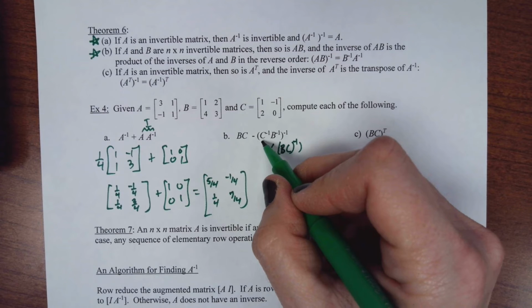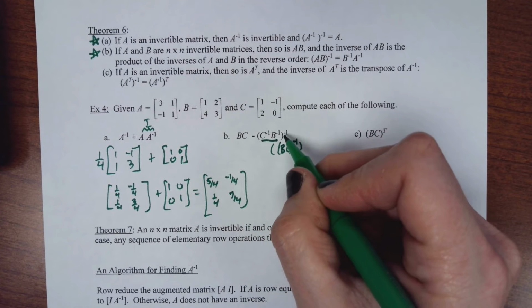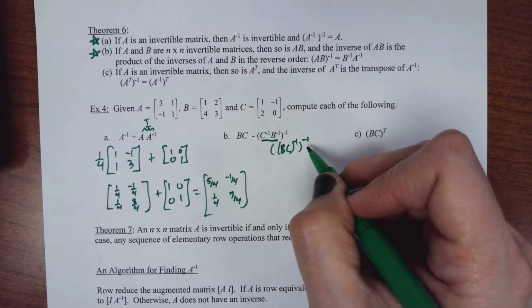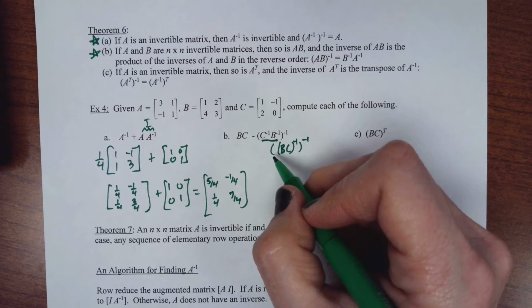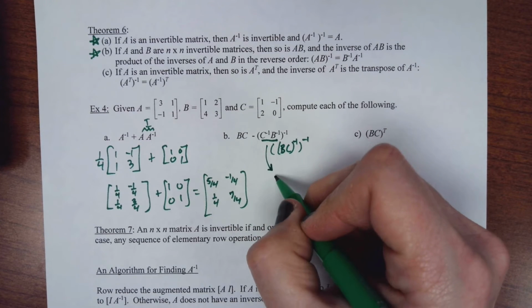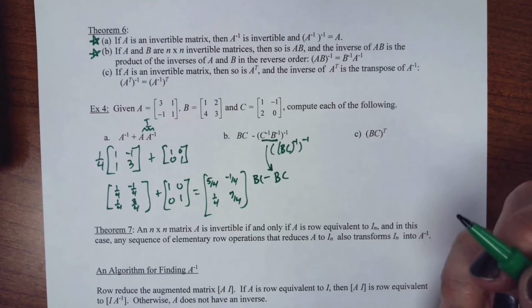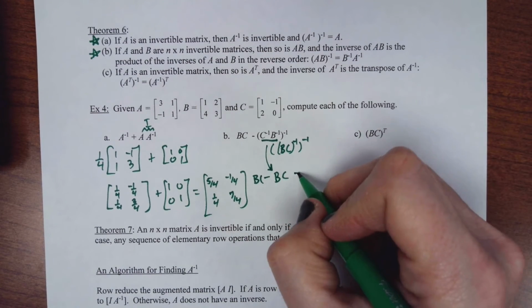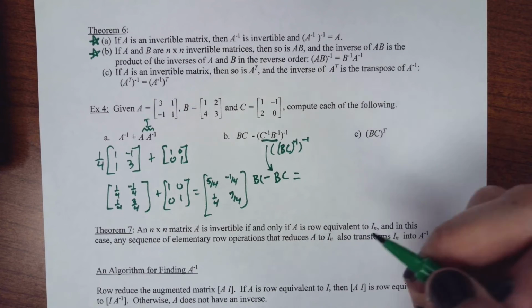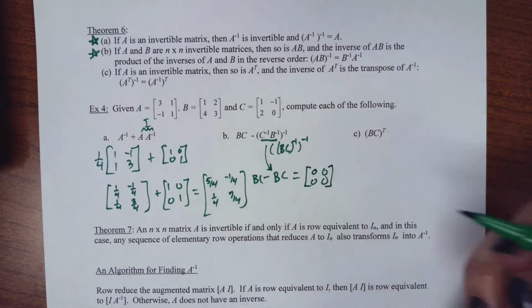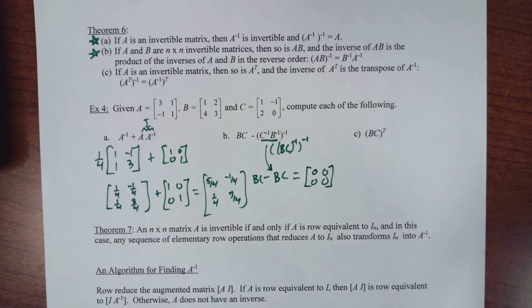And so that is what the inside turns back into. Well, it still has an inverse out there. Well, if I do the inverse of the inverse, it basically cancels itself out. So this all just pops out to BC. So I end up with BC minus BC, and if you subtract something from itself, you get the 0 matrix. So they're all 2 by 2s, so we'll put 0, 0, 0, 0. Or you can just put 0, but you know.